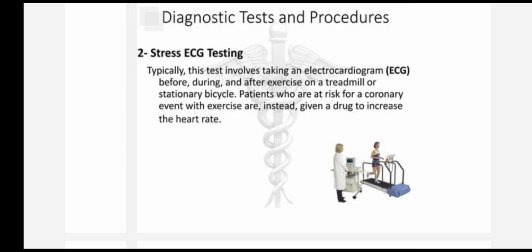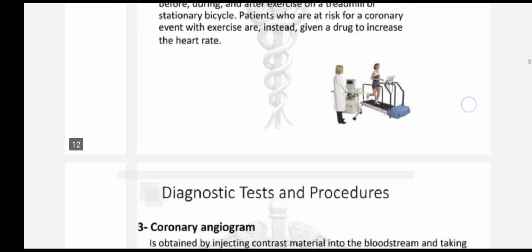Diagnostic tests and procedures: stress electrocardiogram testing. Typically this test involves taking an electrocardiogram before, during and after exercise on a treadmill or stationary bicycle. Patients who are at risk for a coronary event with exercise are instead given a drug to increase the heart rate.